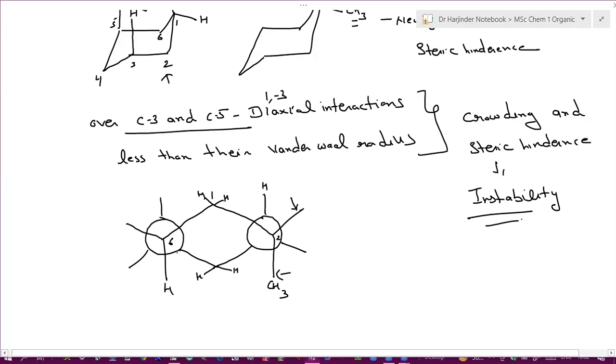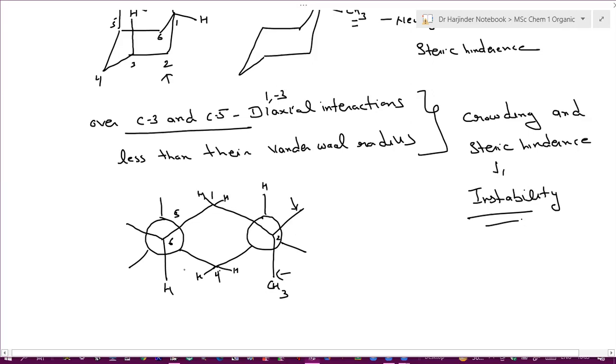And 6 is over here, and to the back side you have 5, carbon number 1, carbon number 4, and to the back side of 2 you have 3.